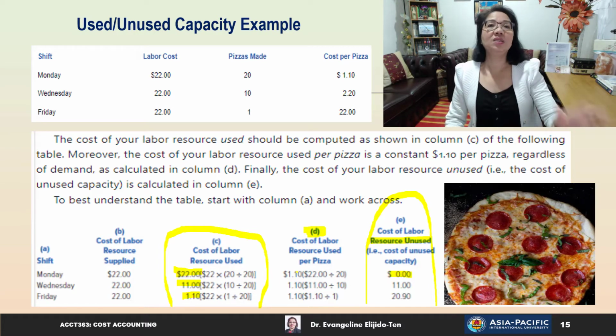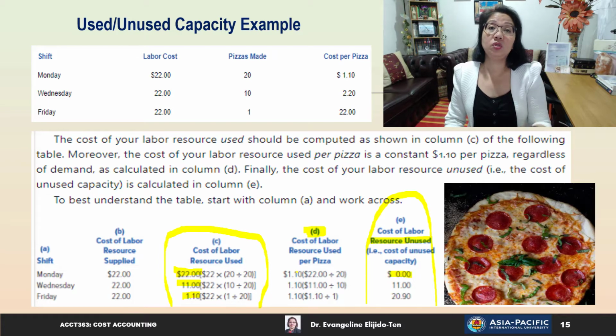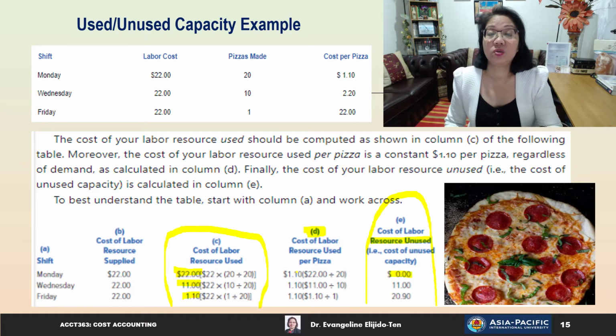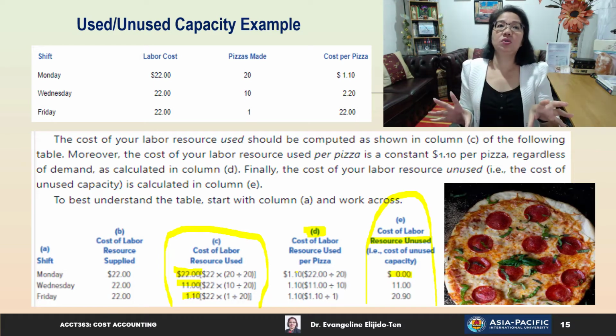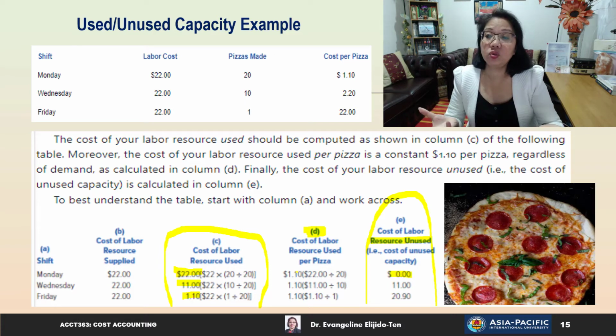So once we know this information, our challenge is to ensure that as much as possible we can use the resources supplied. We will try our best to ensure that the unused resources are minimized.